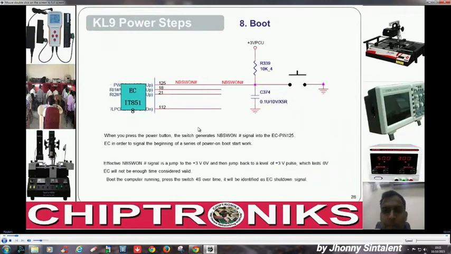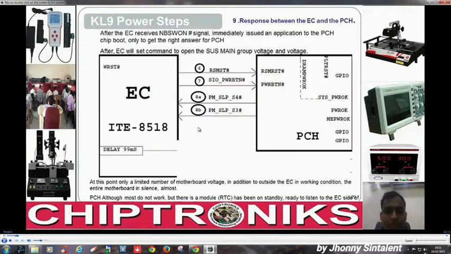When we press the power button, the NBSWON signal goes to the IO controller, and the IO controller immediately releases two signals: RSMRST and SIO power button.